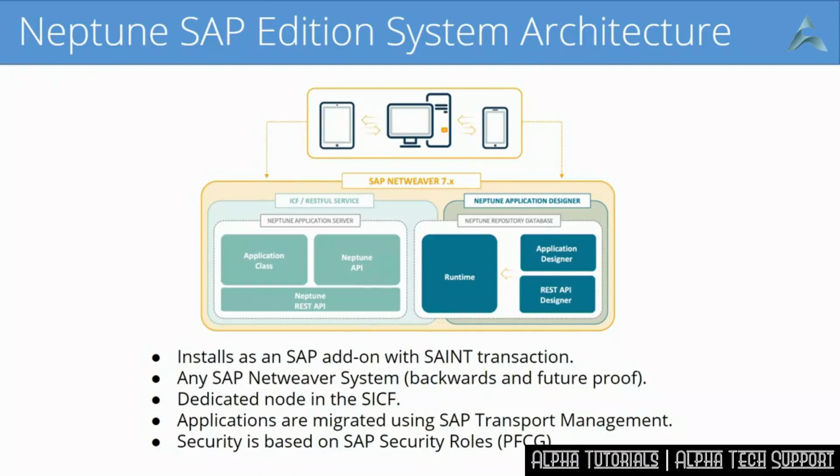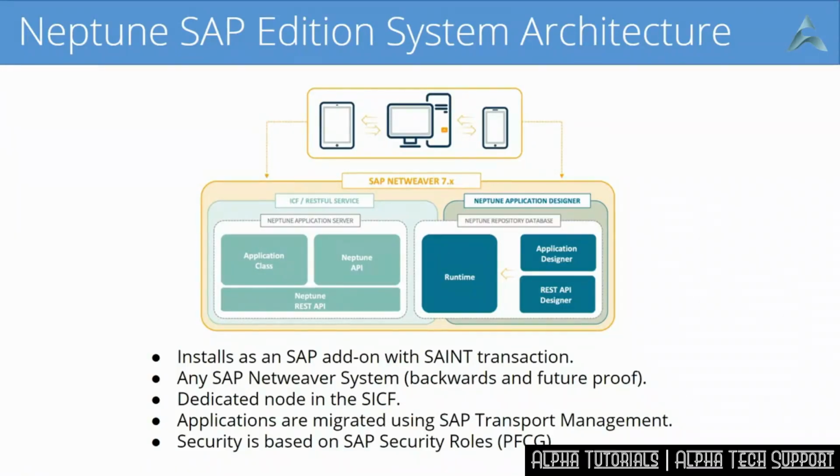Security is based on SAP security roles. So in the last video, I said simplified security. I didn't have to recreate any new SAP security roles when I deployed Neptune. When we started creating apps, we tie those apps to the existing SAP security roles that are already created to secure transactions or Z transactions in the SAP GUI system.